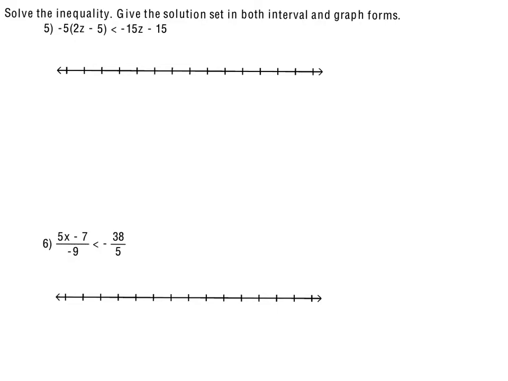For 5, 6, 7, and 8, just want to make sure that we are giving the answer both in interval form and graph form. So again, that interval notation, what we're looking for. So for number 5, I would have to distribute the negative 5. I get a negative 10z plus 25 is less than negative 15z minus 15. Then I'm ready to start doing operations to both sides.